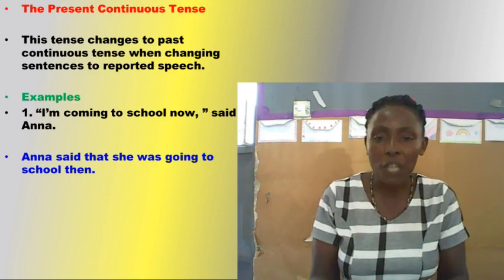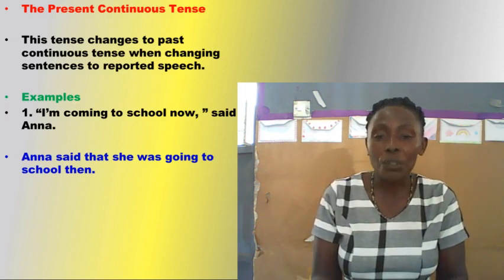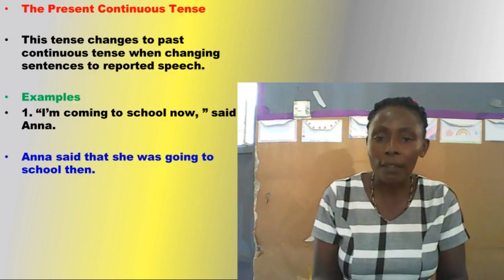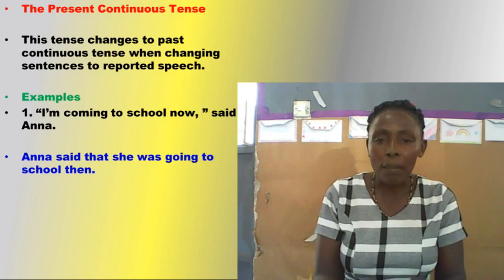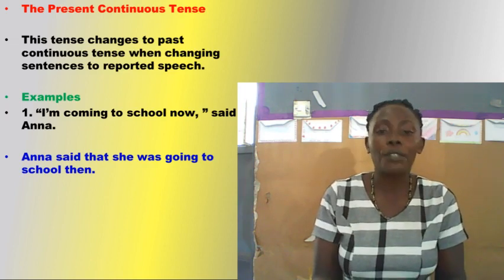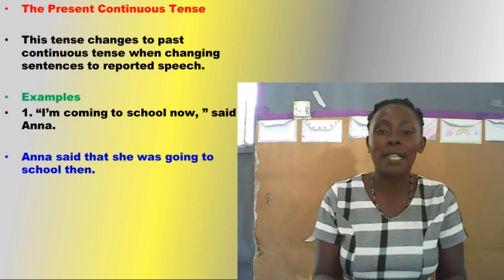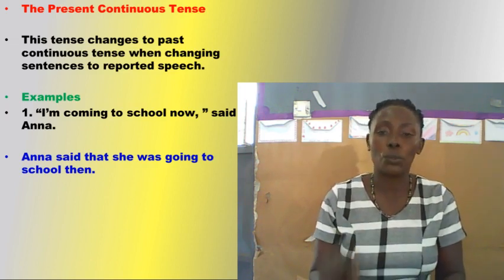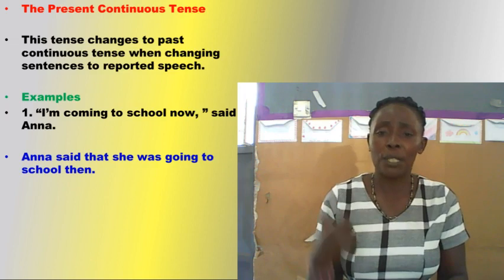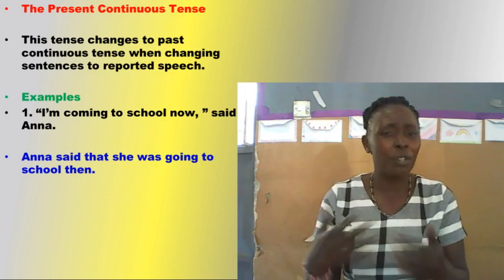We have our speech tag. We have our conjunction, which is that. We have the person who said it, Anna, changed to she. We have changed coming to going. Then we have changed now to then. Take note of that, candidate. So the answer is, Anna said that she was going to school then, because you have just reported what Anna said. What did you hear from her?